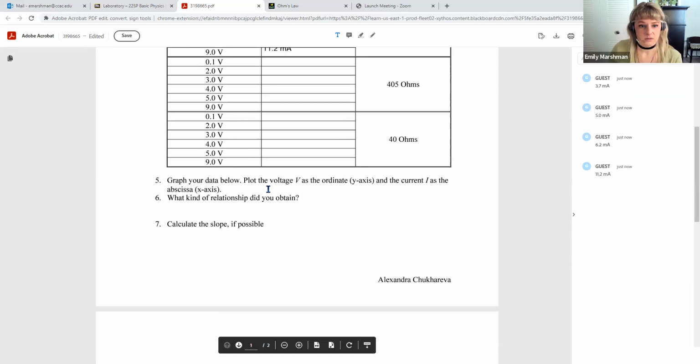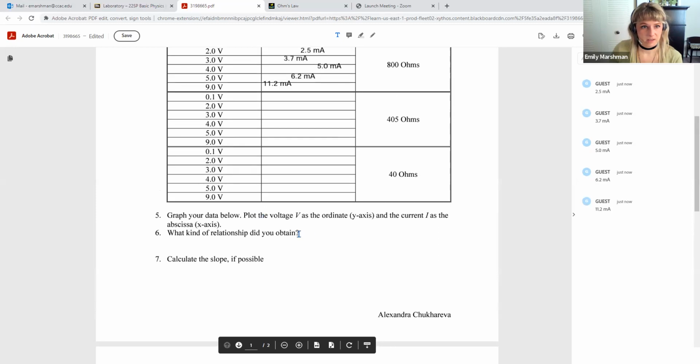The next part is going to be graphing your data. You're going to graph the voltage on the y-axis and current on the x-axis. So you can do that on graph paper. You can draw it out. It doesn't really matter how you do it.